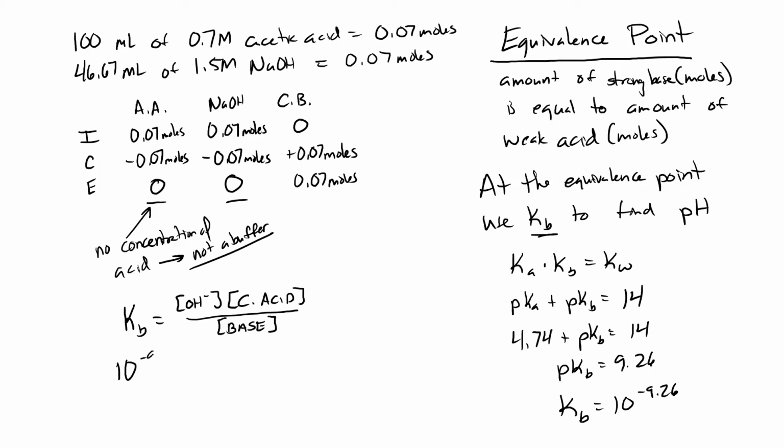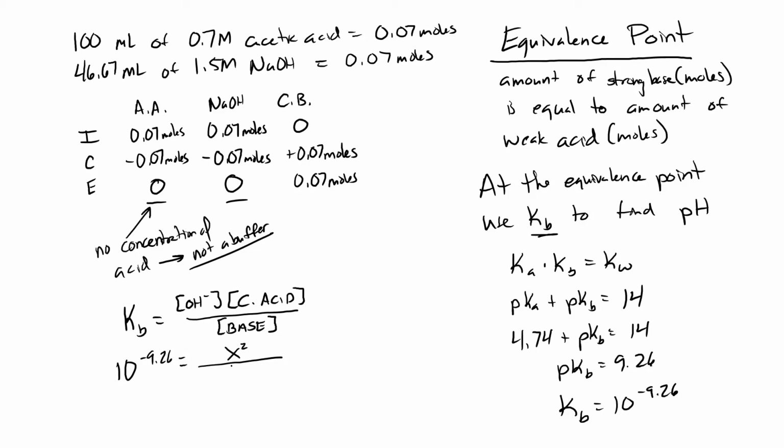Great. We can put that number in right here, 10 to the negative 9.26. And that equals the concentration of OH minus times the concentration of the conjugate acid, which are, of course, the same because this is a Kb. We know that they're the same because that's the chemical equation that we have. And then the concentration of the base is what we have to put down here.